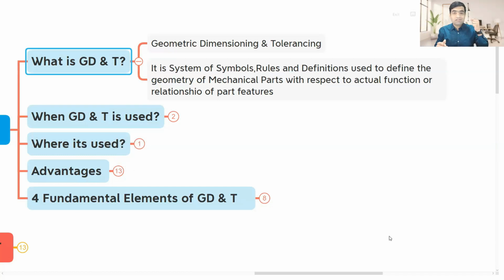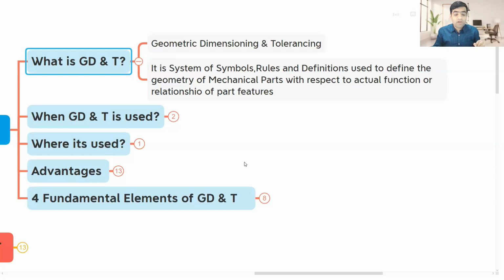Means if you are giving GD&T to part number 1, and that part number 1 is used in an assembly, that means we consider the interfaces of that assembly, how that part is going to assemble. So GD&T considers that, and based on that we provide various rules, definitions, and symbols. So that is all about what GD&T is. That is a very simple definition of GD&T.